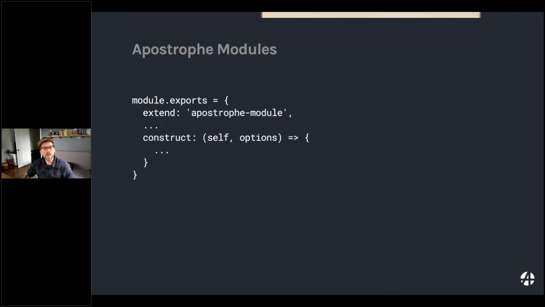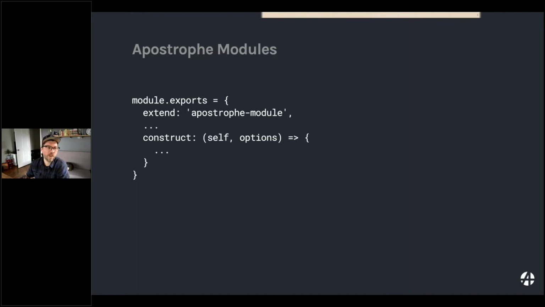A basic module looks something similar to this. At the very base, you're going to extend something. In this case, it's just a default module, but you could be extending apostrophe pieces, apostrophe pages, or any other Apostrophe module that you have installed. We also have the construct pattern where you can add additional functionality to your module.